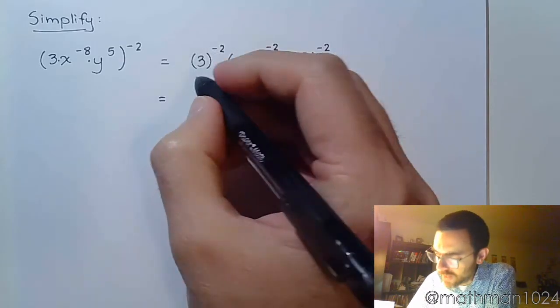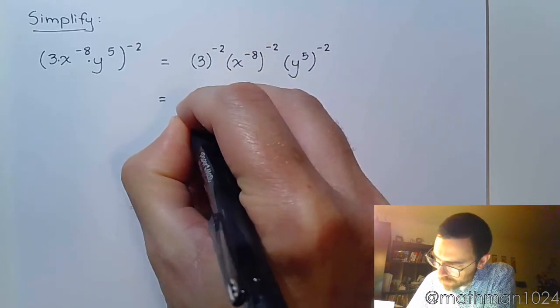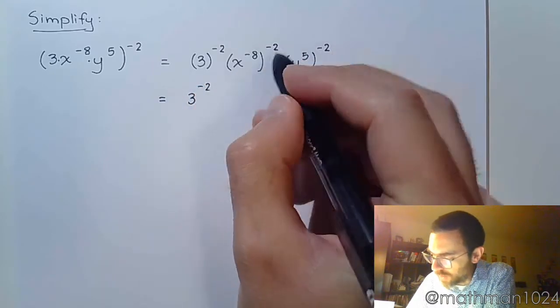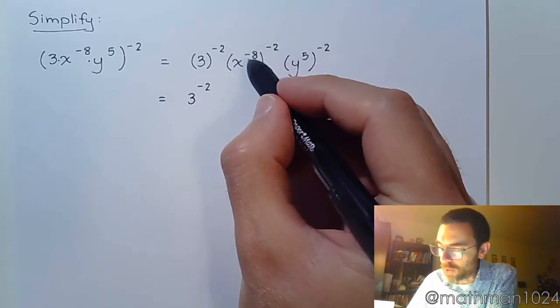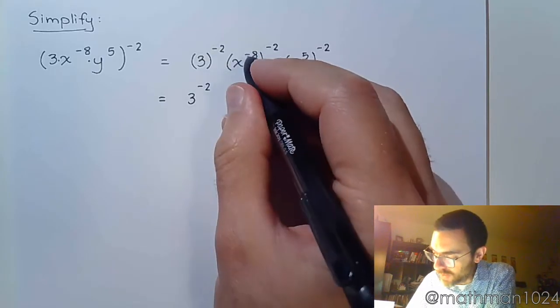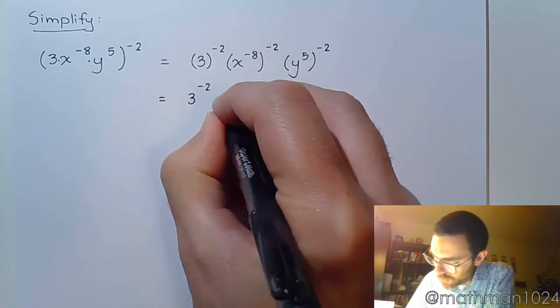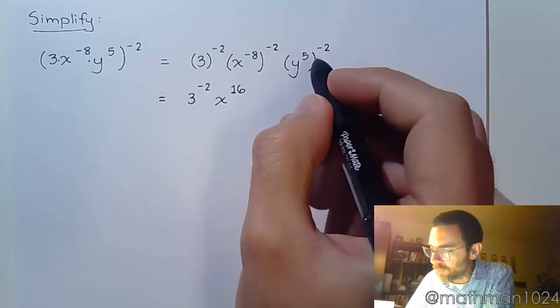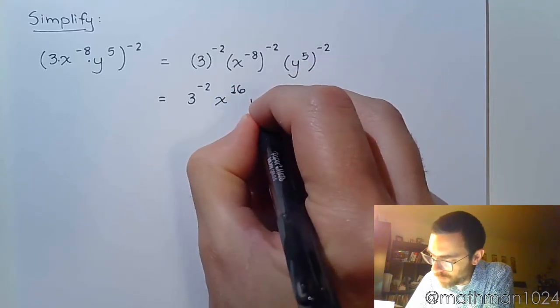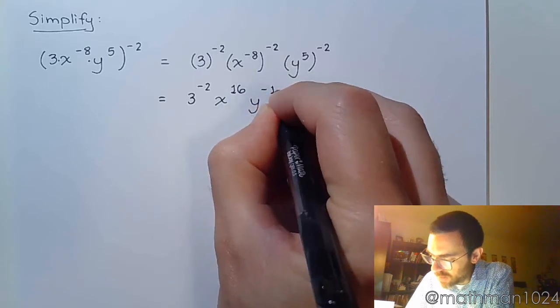So we're going to take care of that guy here in just a moment. Right now I want to work on these powers. So as we just showed earlier in this video, a power to a power means we multiply. So negative 8 times negative 2 gives me x to the 16th. And then 5 times negative 2 is going to give me y to the negative 10th.